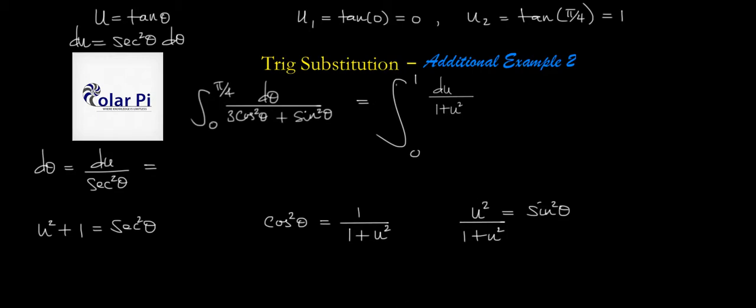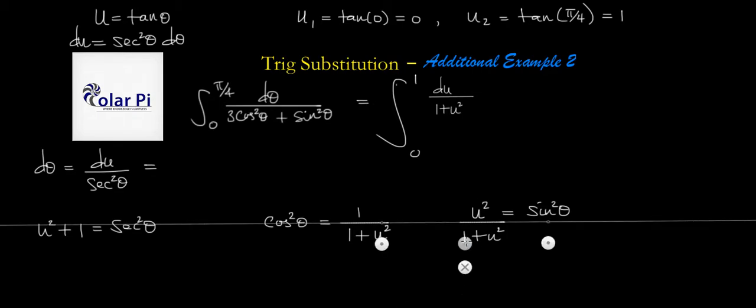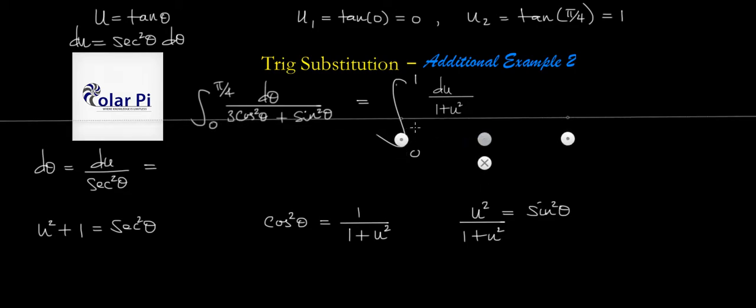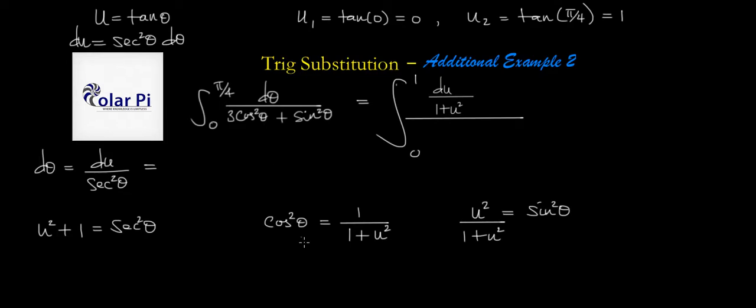And then divided by 3 times cosine squared. So that's 3 times this, and so that's just 3 divided by 1 plus u squared.